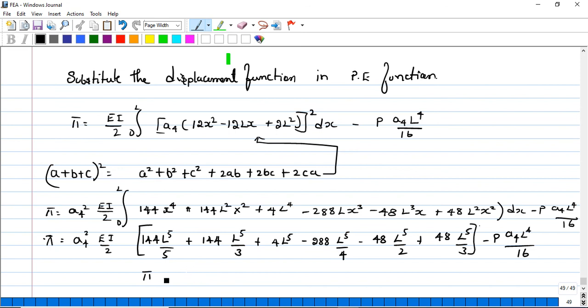So the final potential energy functional is equal to 48 EI by L raised to 5 by 120, multiplied by A4 square minus PL to the power of 4 by 16 A4, okay. So let me consider this as equation 7.